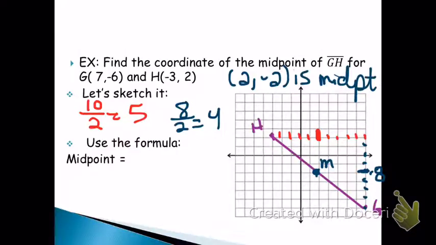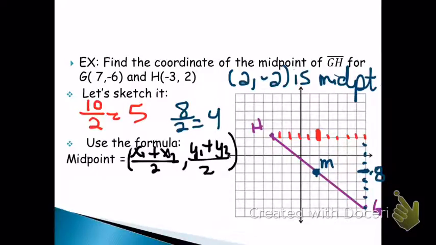We can also use a formula. Let me show you what that is. The formula says that if you take the two x's and add them together, so we'd have x sub 1 plus x sub 2 over 2, and then you do the same with the y sub 1 plus y sub 2 over 2. It would give you the coordinates of the midpoint. So let's try it out. First numbers are x's.